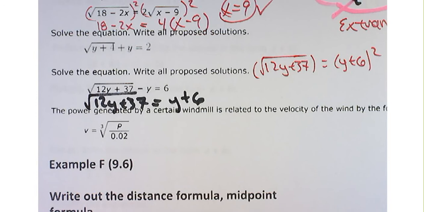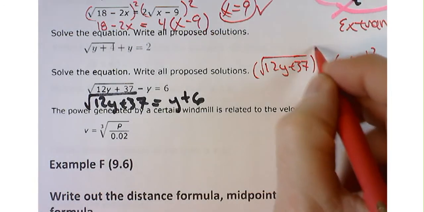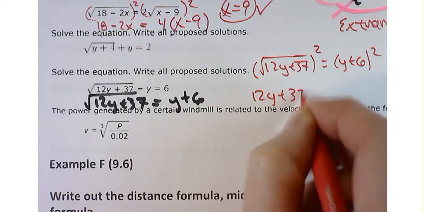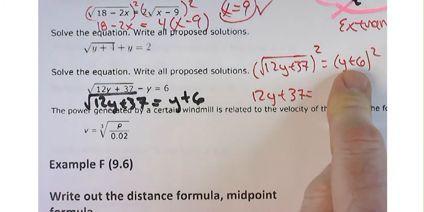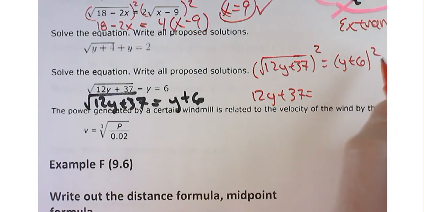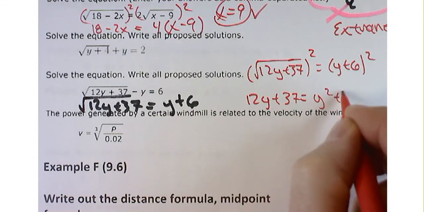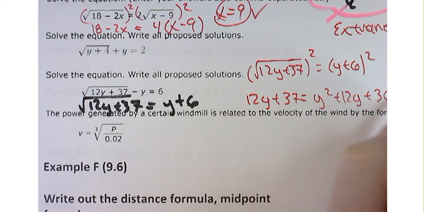This stuff happens all the time. Now on the left-hand side, when I square that, that's easy. I get 12y plus 37. On the right-hand side, y plus 6 times y plus 6. I'm going to hustle that up. That's going to be y squared plus 12y plus 36.